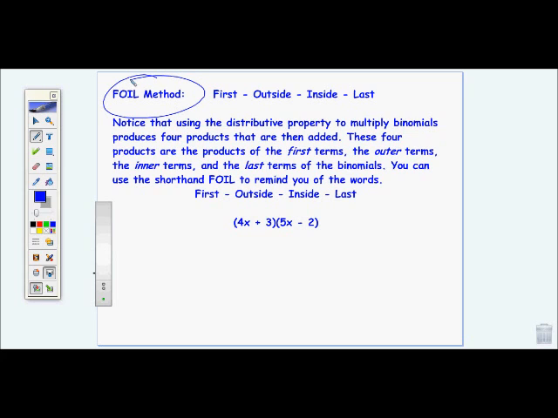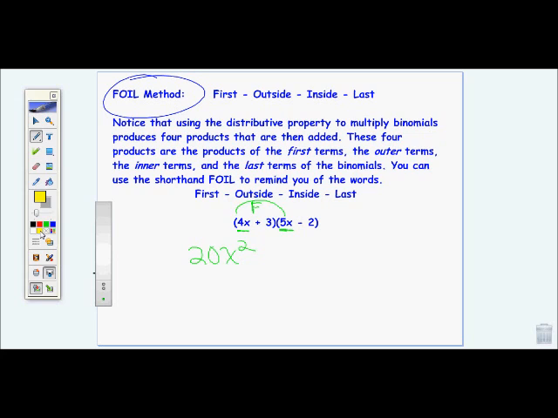This is very similar to the distributive method, and I'll even use my standard arrows to show you that. So first means I'm going to take the first term in each binomial, and I'm going to multiply those together. Okay, so that's the first. So 4x times 5x would give me 20x squared.